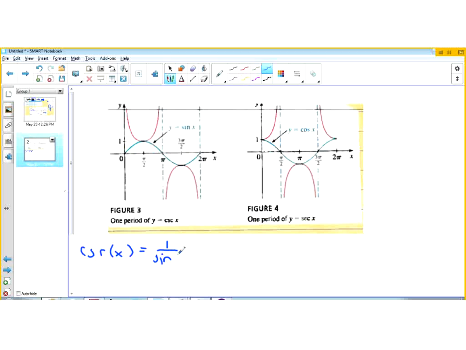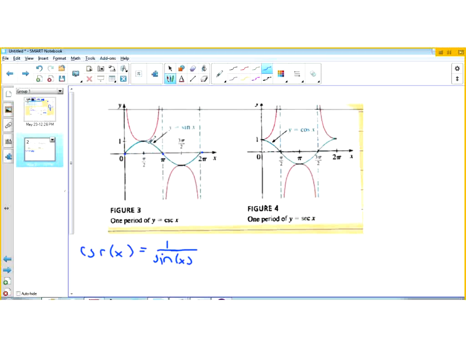So that means where sine x is equal to 0 would make for a vertical asymptote for the cosecant function. So the blue curve shown right here is sine x. And so you see where the 0 crossings for sine x would happen at 0, pi, and 2 pi. So those would have to translate into vertical asymptotes as you take the reciprocal of the sine function.